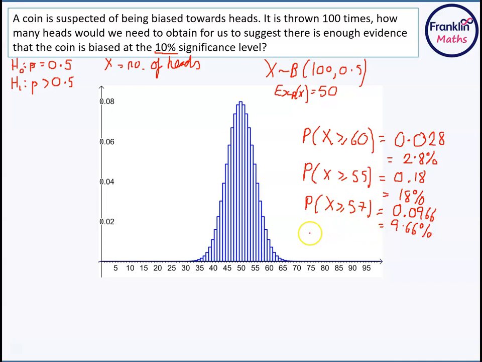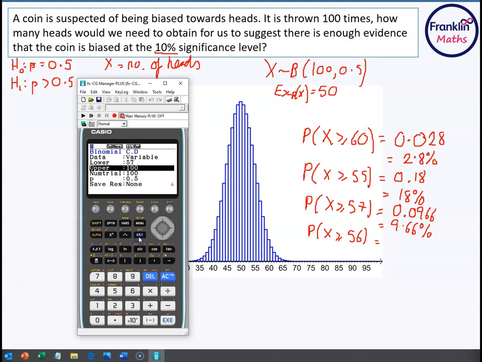However, we must check 56. It would be silly not to. I know you can see well there that one's obviously going to be closest, but it's worth checking. Let's just try 56.